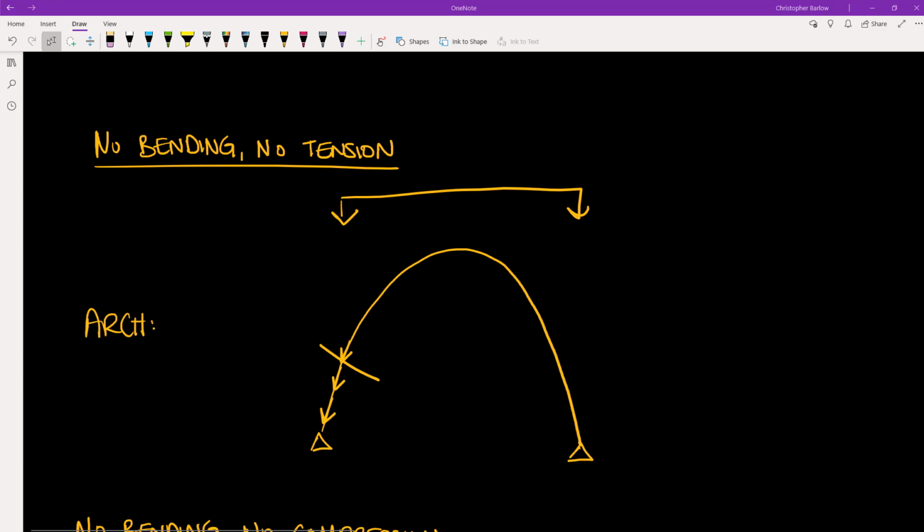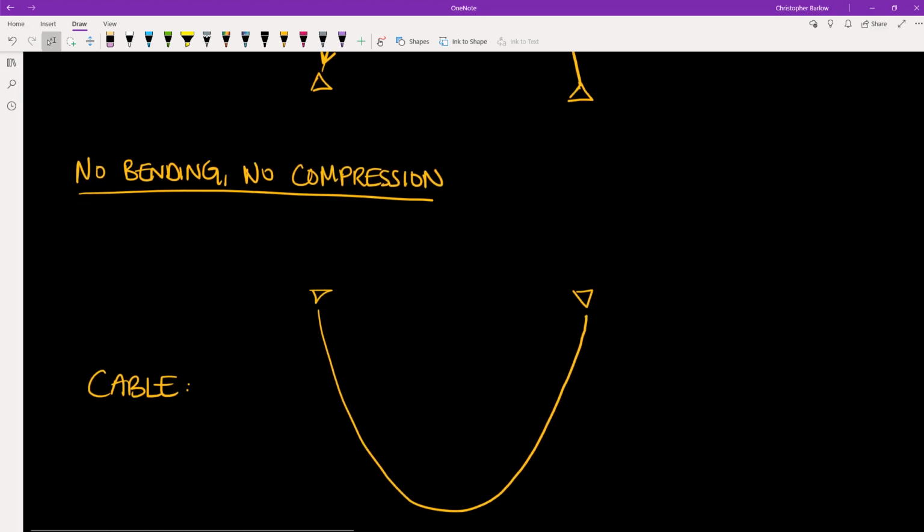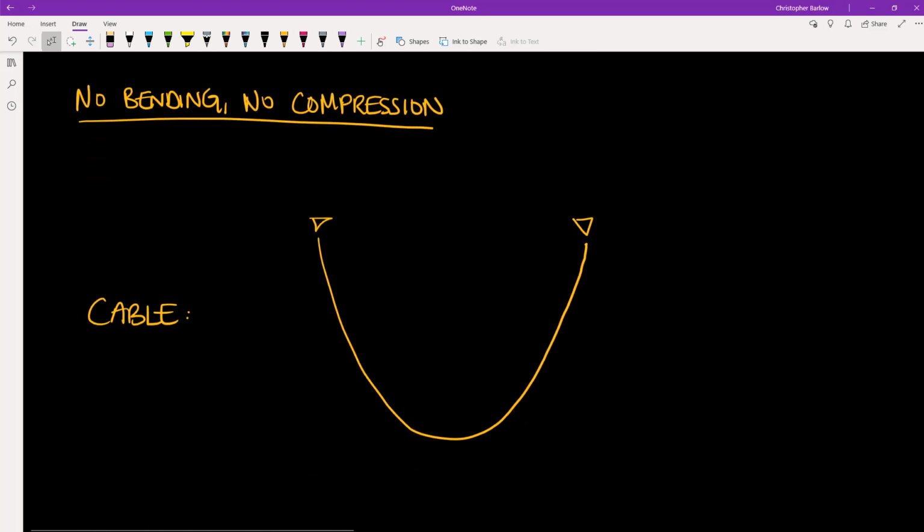So what if this system could carry forces across a perpendicular distance purely through tension? And that would be called a catenary cable system. Cables, if they are true catenary cable systems, will take loads applied across a span and transfer them to a support purely through tension.